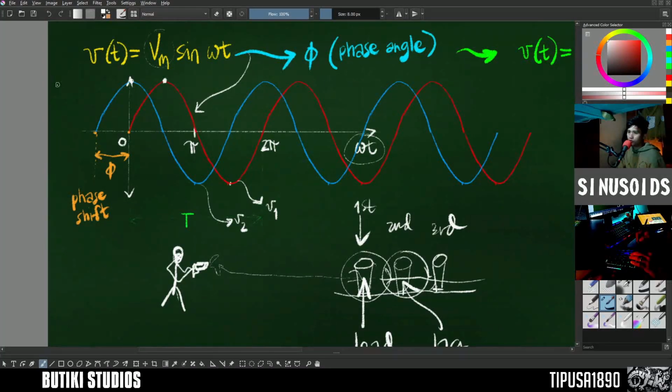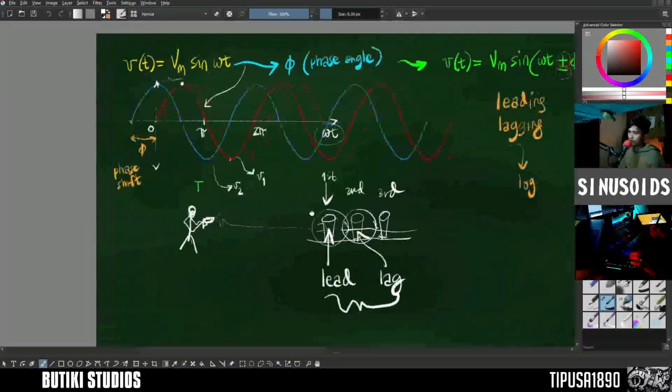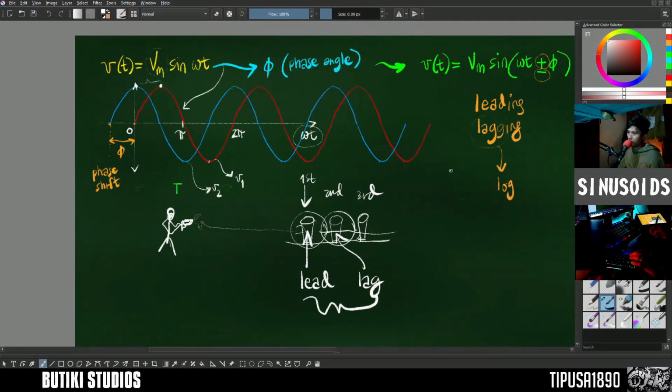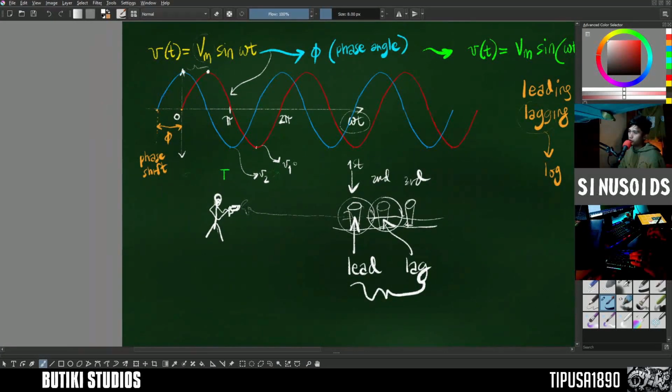But then if they move from left to right, blue gets hit first, then red. So when we compare these two waves, we can say that blue comes first and red comes later. The way we say that is leading and lagging. So which one is leading?